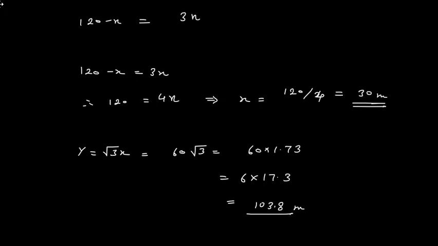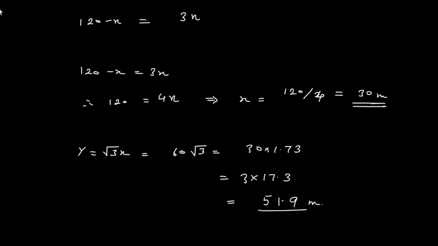So 30 into 1.73. This is 30 and this is 3. 3 times 3 is 9, 3 times 7 is 21, 2 carry, 3 times 1 is 3 plus 2 is 5. So 51.9 meter.